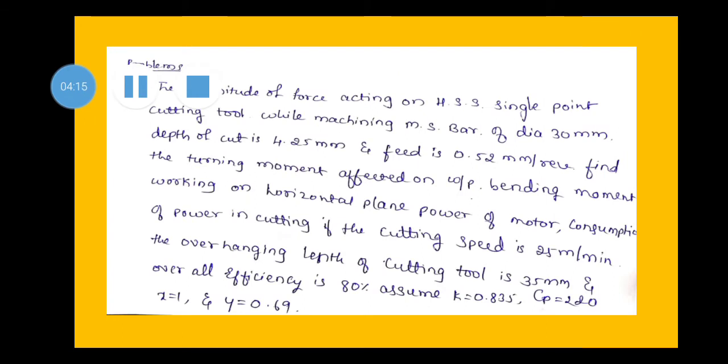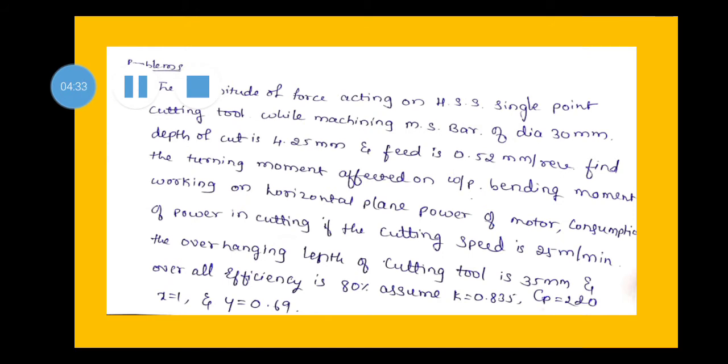First problem: find the magnitude of the cutting force on an HSS single point cutting tool while machining an MS bar of diameter 30 mm, depth of cut 4.25 mm and feed 0.52 mm per revolution.